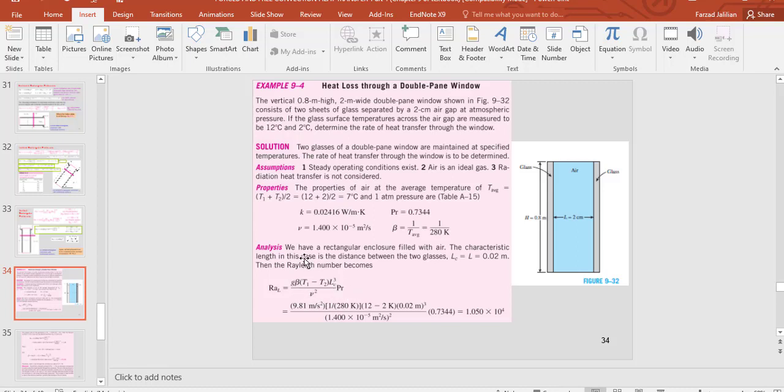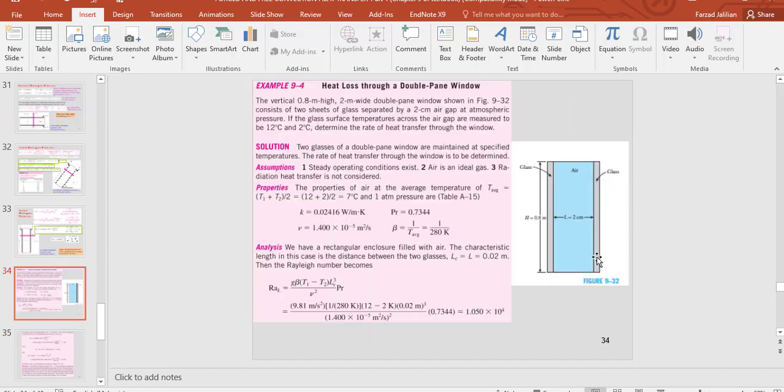All of the information is already known. By substitution, we can find this Rayleigh number, and as you can see here, the Rayleigh number is 1 times 10 to the power 4. It is much higher than 1700. So we will have convection heat transfer, or natural convection heat transfer actually.